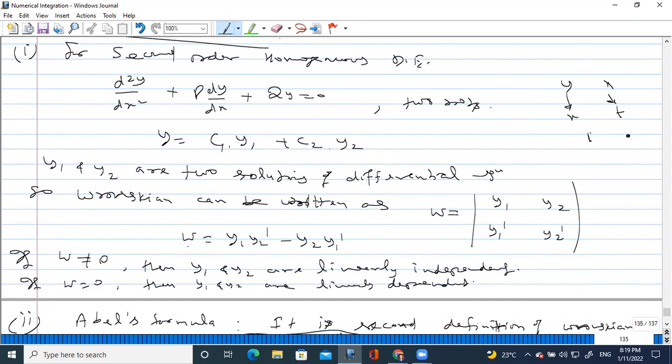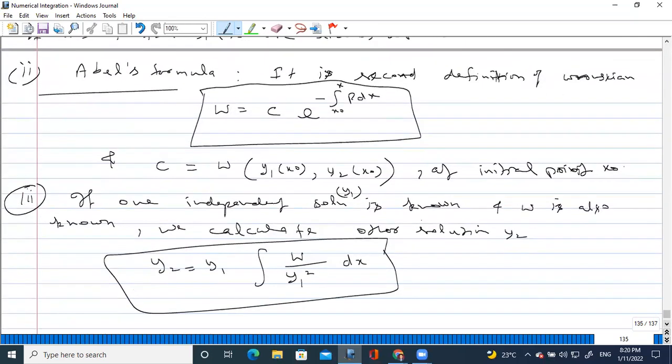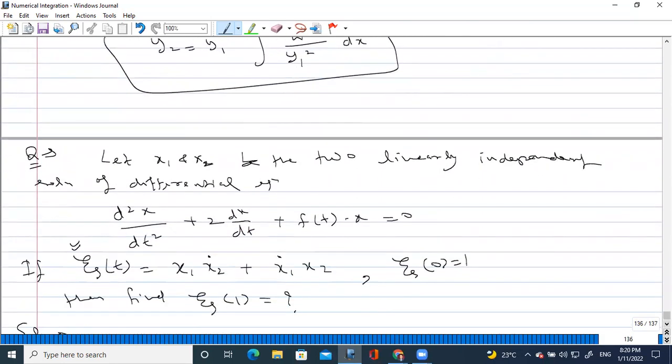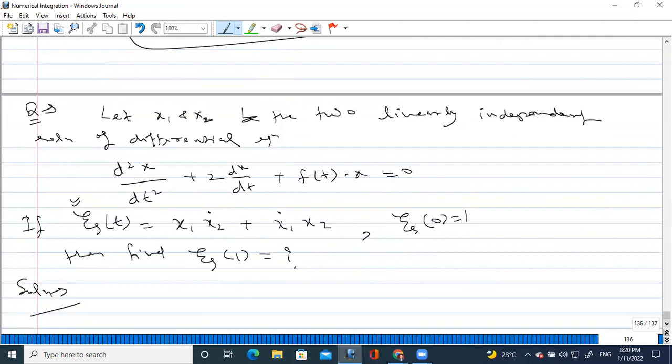So here xi is given as x1 x2 dot minus x2 x1 dot. This is the Wronskian only. If you have practiced, then only you can understand what he is giving. It is a very simple question, but you will be confused by seeing this term. Sir, the sign is plus here? No, it is minus. It is my mistake. It is minus only.